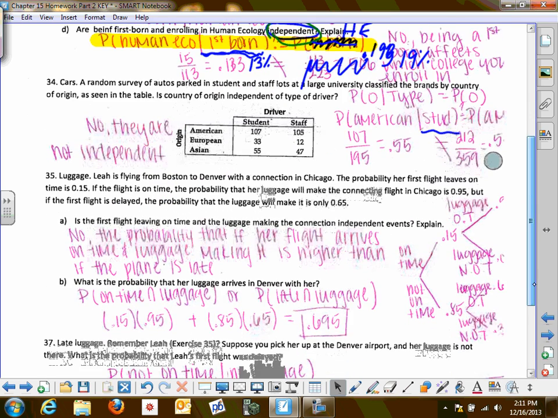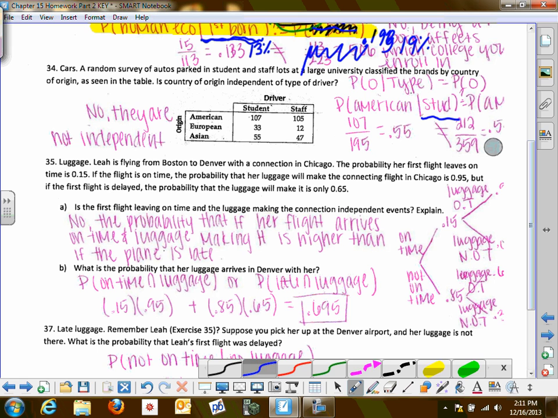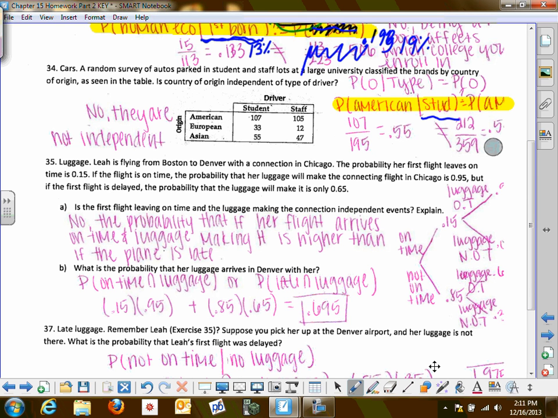All right, now 34, there's many different ways that you could actually write your little formula sentence on this. Miss Ray wrote this one: probability that you drive an American car, given that you are a student, is that the same as probability of American car overall? Okay. But there are other ways. You could have done staff.